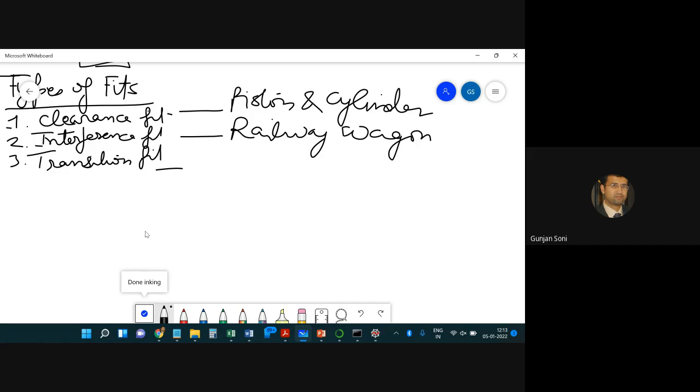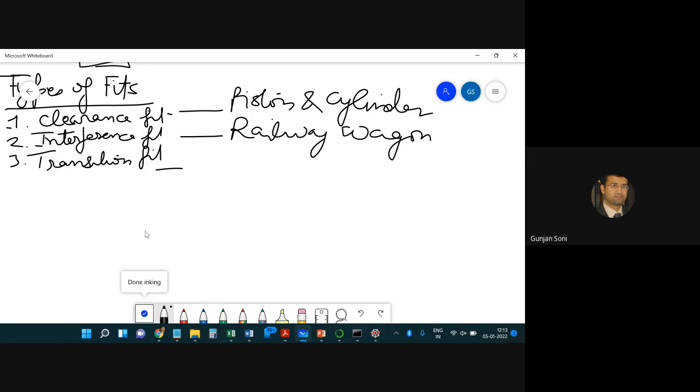Like in a pen, what type of fit would you say if you got a pen in which the cap has to be taken off and taken in again? You can try that. All of you must be having a pen right now where you can take off the cap and then put it back again and it doesn't fall off.